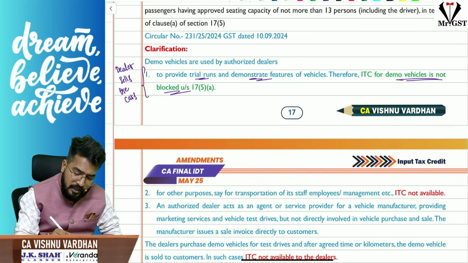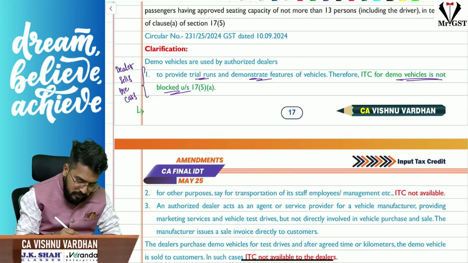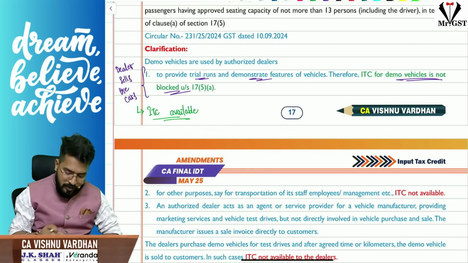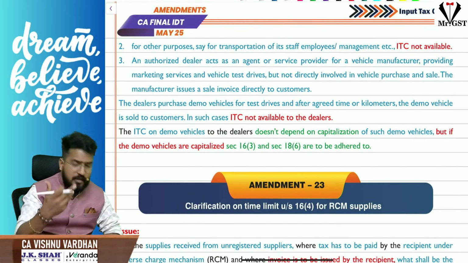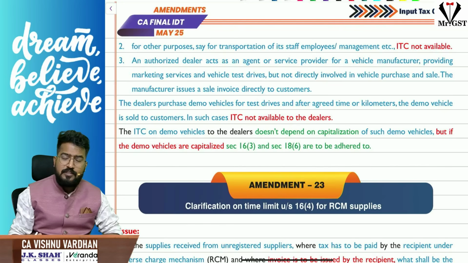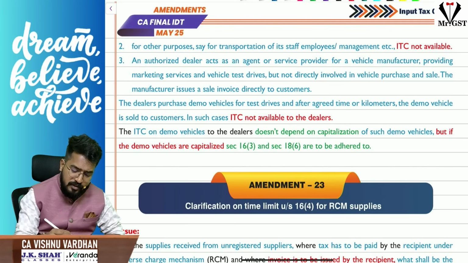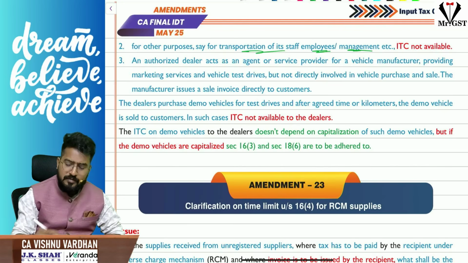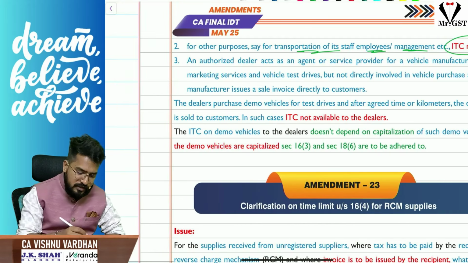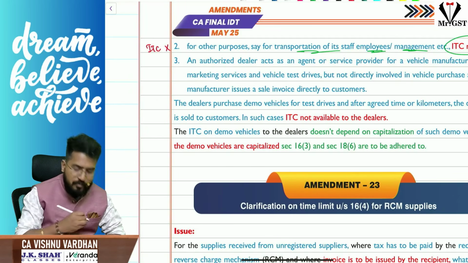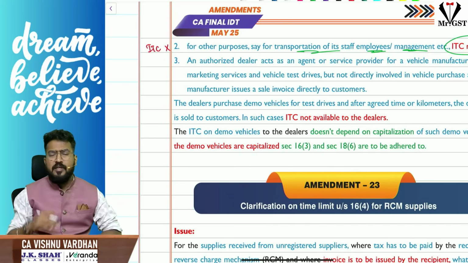That means here ITC is available. Now, suppose I am not using the cars I have purchased for giving demos or trials to the customers, but I am using them for transportation of my staff, employees, management, etc., sir. Then ITC is not available, so ITC is blocked. Okay, this is the second situation.